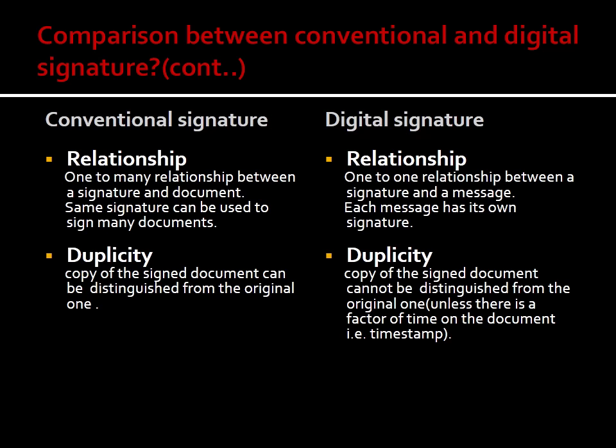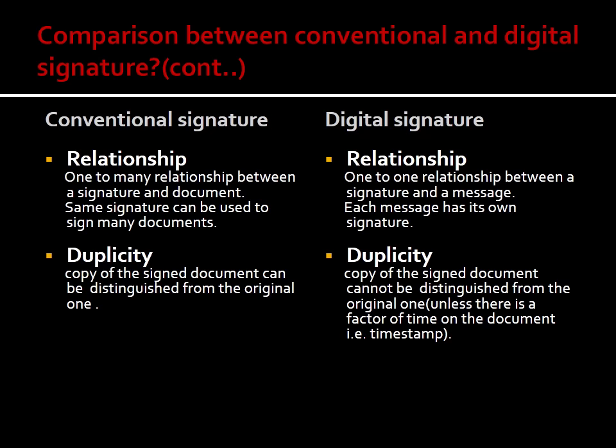It means that a person can use the same signature to sign many documents, right? But in digital signature, a one-to-one relationship between a signature and a message is maintained. That is, each message has its own signature. If we send a message, it has a signature. If the sender wants to send another message, the signature has to be different, right? It cannot be the same as the previous one.